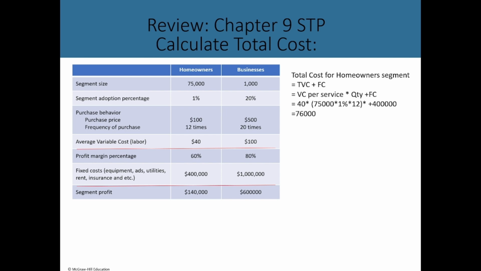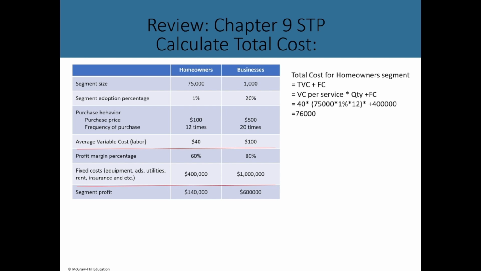The other variable that we have is fixed cost: the costs related to equipment, advertisement, utilities, rent, insurance, etc. So as you can see here, if the lawn service company chooses the business segment, of course they need to buy bigger equipment or more equipment, the utilities will be more, the place for storing those equipment would be larger, and the related insurance would be more.